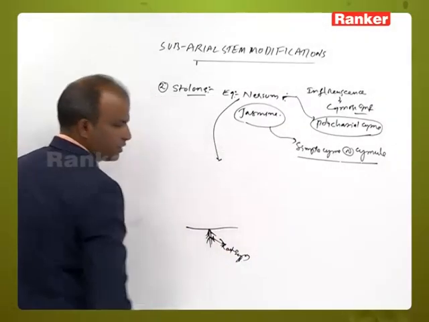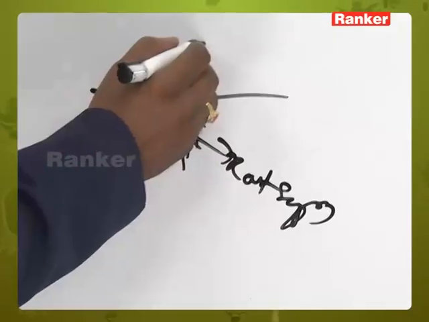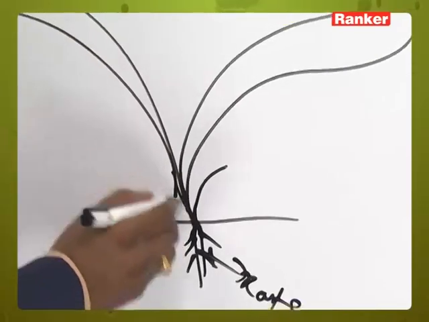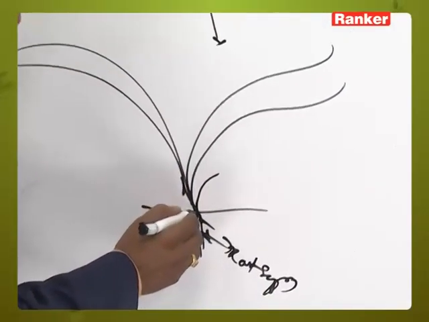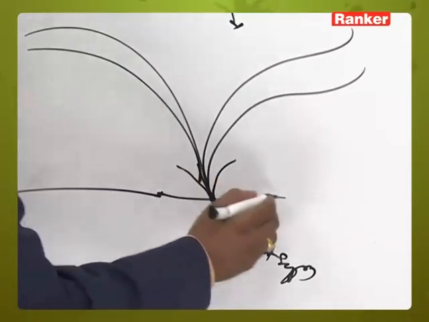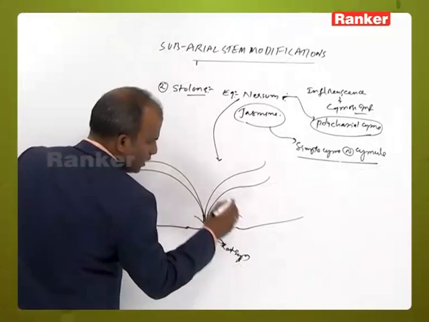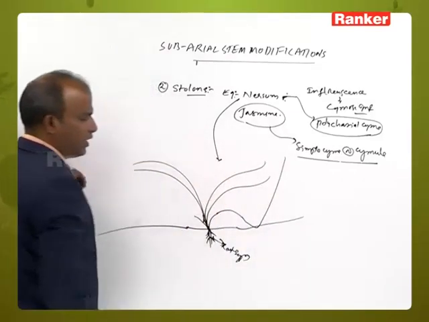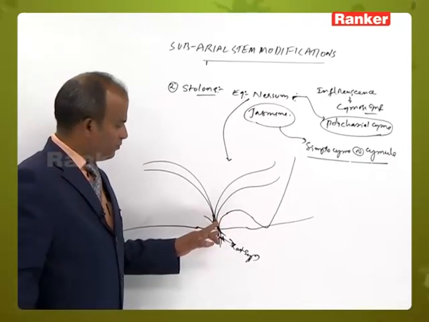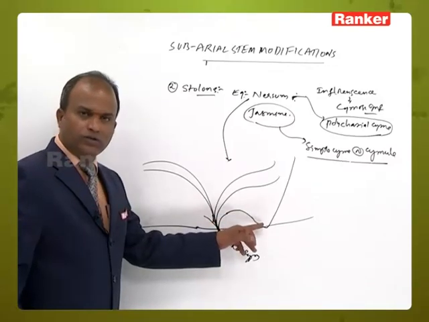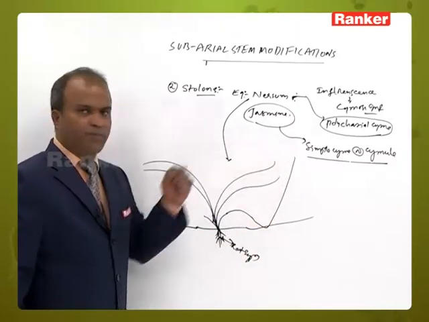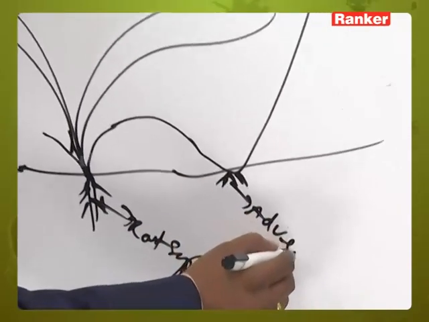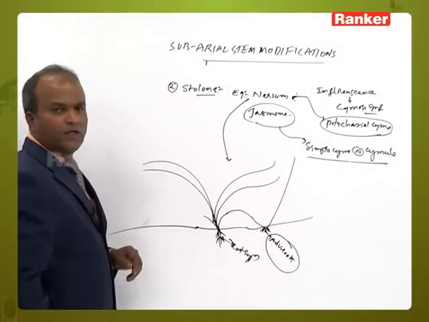The branches developing from the basal part of the stem grow towards the soil, touch the soil, and again become aerial. Where these branches touch the soil, they produce adventitious roots.